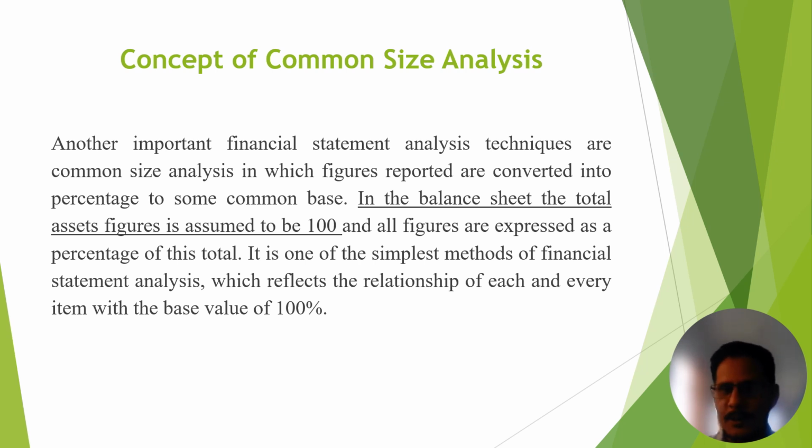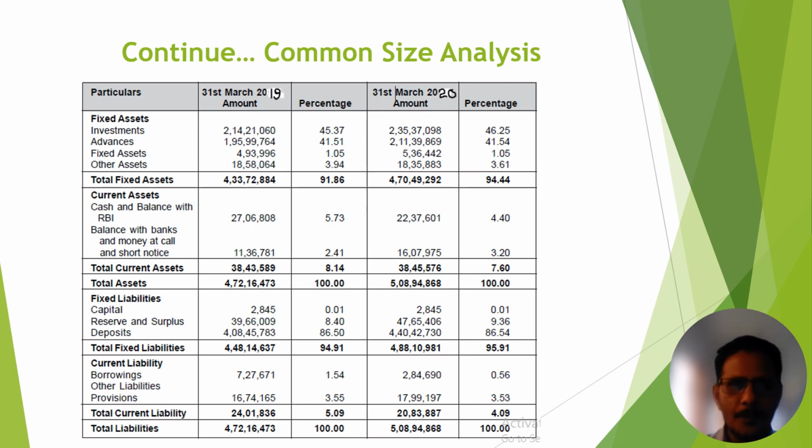Let's take one small example. Again, we have balance sheets for two years, 2019 and 2020. Here, first we take 100% of our total assets, and on the liability side, total liabilities we take 100%.